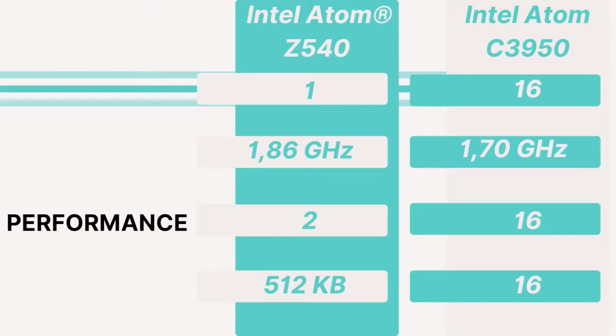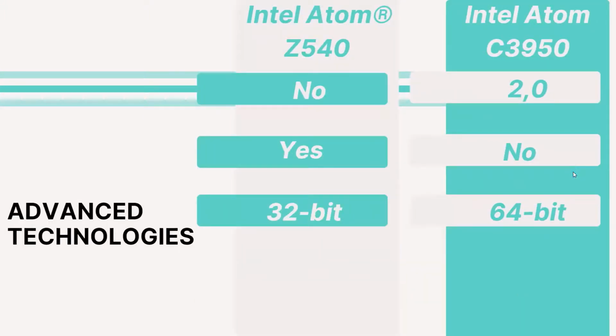Where a big difference is noticeable is in the number of threads: the C540 has 2 threads and the C3950 has 16 threads. In cache, the C540 has 512 kilobytes and the C3950 has 16 megabytes.